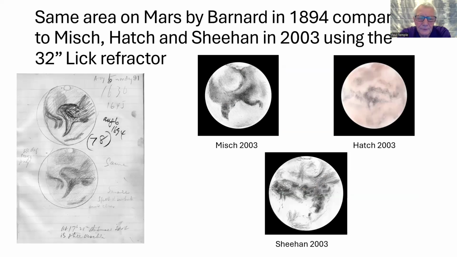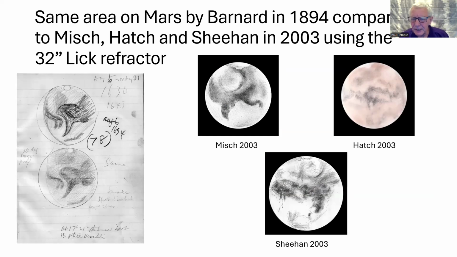So these are a bunch of drawings. The one on the left is a drawing of Syrtis Major by E. Barnard in 1894. And then these other ones are drawings by Mish, who's an amateur, 2003, Hatch, who was a gal who did a lot of sketches of planets, and William Sheehan, who has written a number of books on the planets.